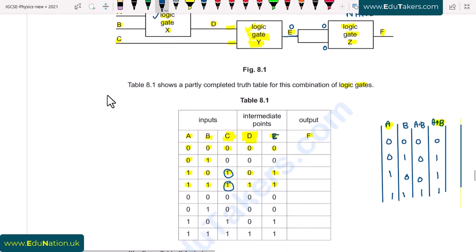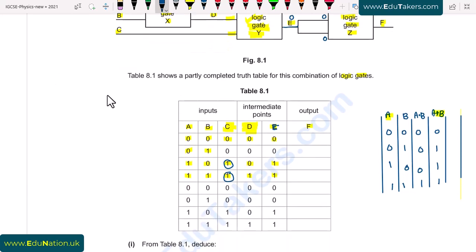So when I write the truth table for the NAND gate, it will be A and B and then I apply NOT over it. So 0 becomes 1 and 1 becomes 0. Here it's 1 and it is 0, it is also 1.